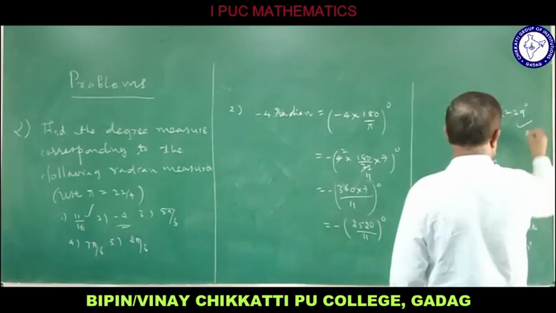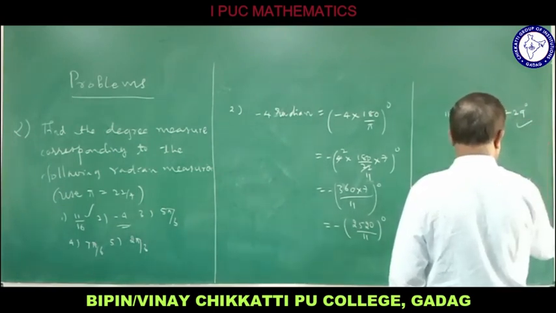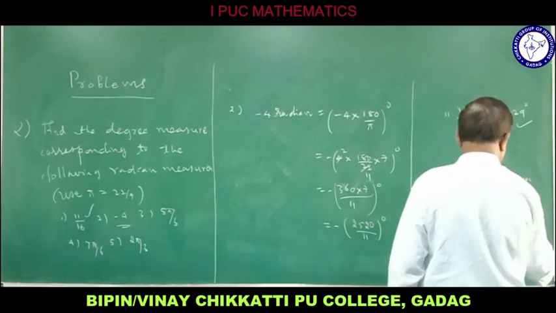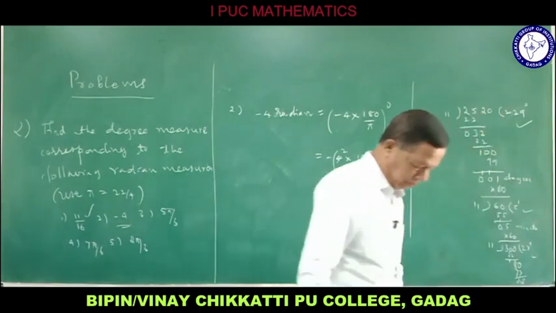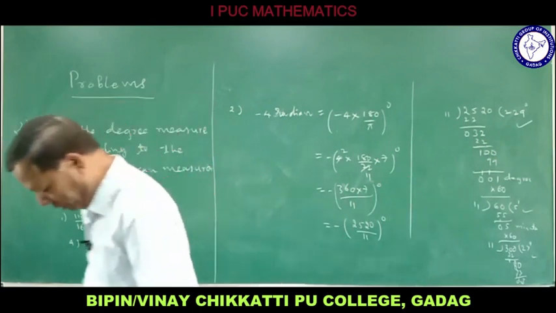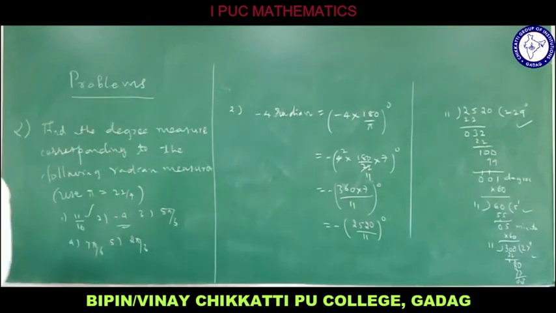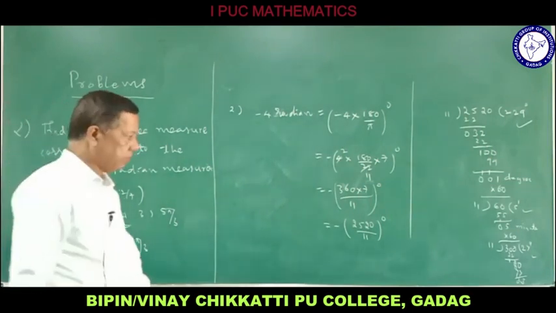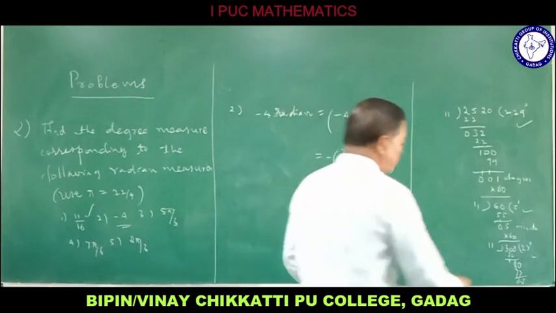So 229 degrees, and you have to see this 5 minutes and 27 seconds. So this is a way of converting degree minute in terms of seconds. But again you are asking that 3 is remained.